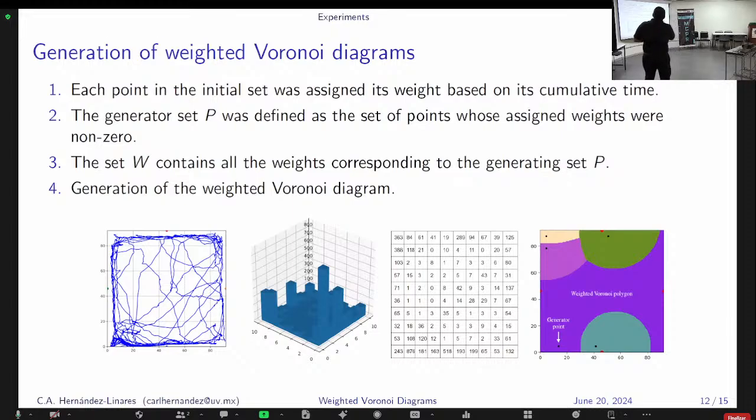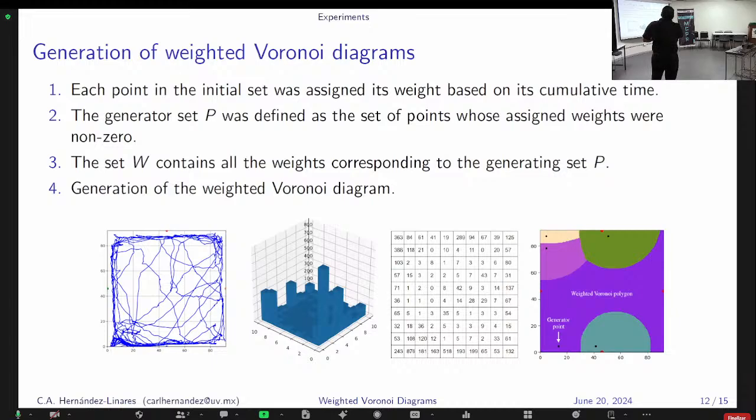How? We divide the chamber into 10 by 10 regions, and we calculate the center of each one, and we use this center as a generator point, and the generator set is P.